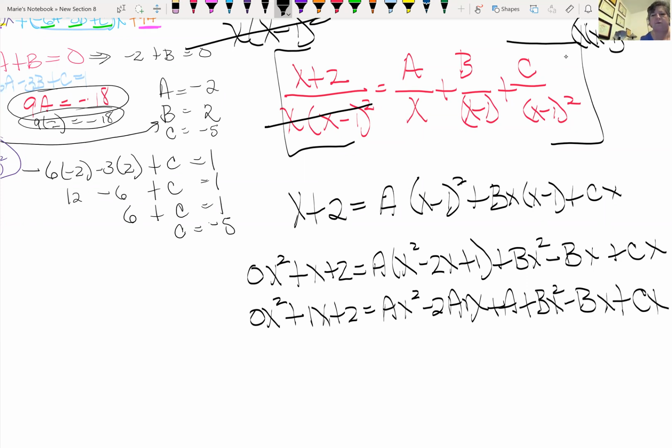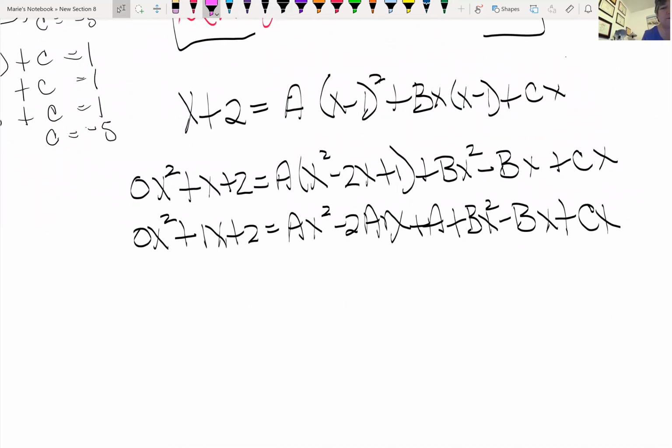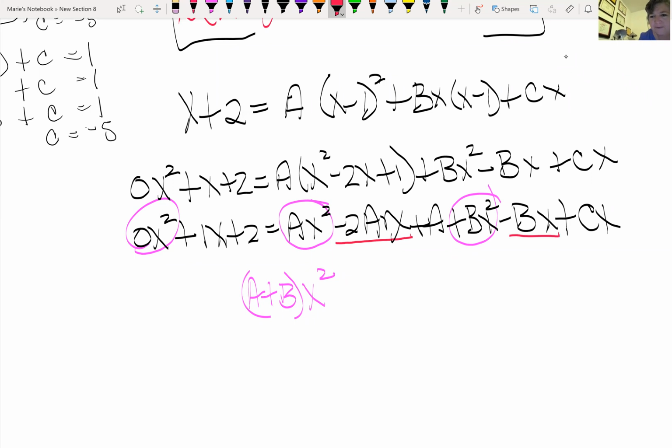All right, and so we want to gather anything that is an x squared together. So that means that we have an a plus b in parentheses with the x squared that matches here. We have the minus 2ax minus bx and cx.